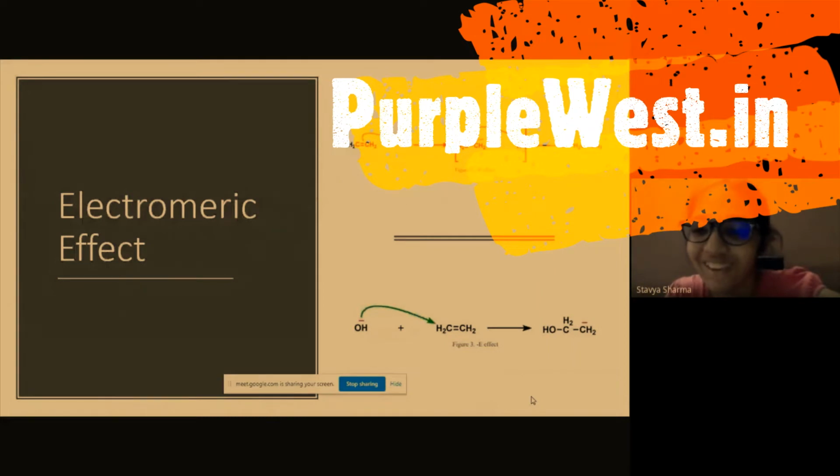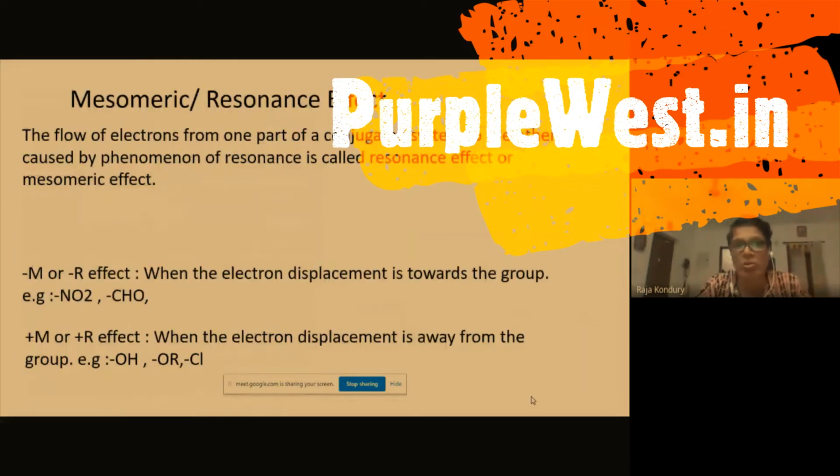No, I understood. I'll give an example where both the effects can come into play at a time. Supposedly, we'll first talk about the mesomeric effect, also called the resonance effect, which we have done earlier. And I told you how to know whether the given group attached to a benzene ring or any molecule is going to cause a minus R effect or plus R effect. So the resonance effect is also called the mesomeric effect.